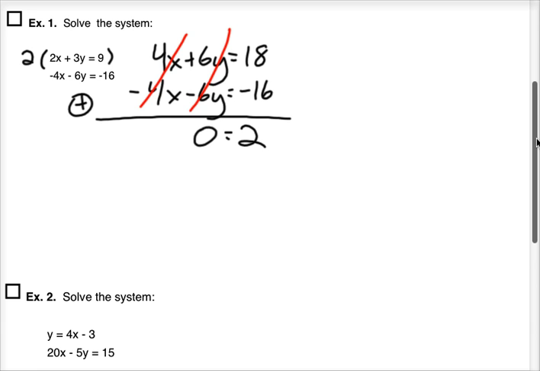All right, and this is that one case where we are left with a false statement. 0 does not equal 2. So what that's telling me is this is a no solution. That's what our no solution case ends up looking like. Both drop off and we get a false statement.